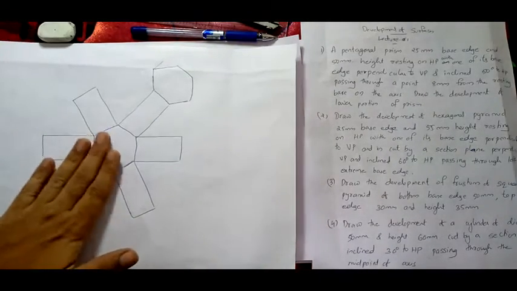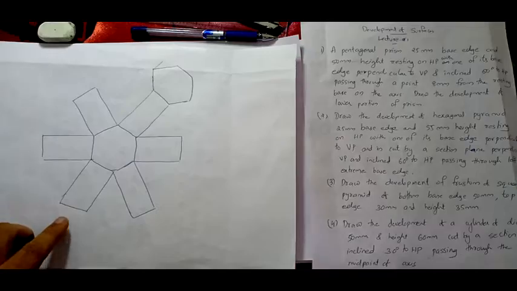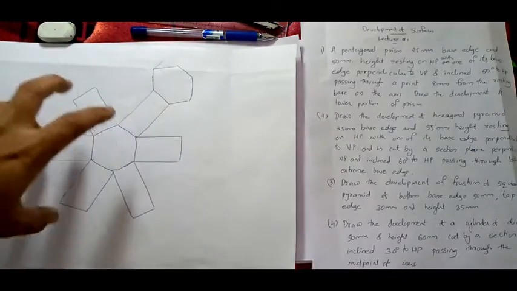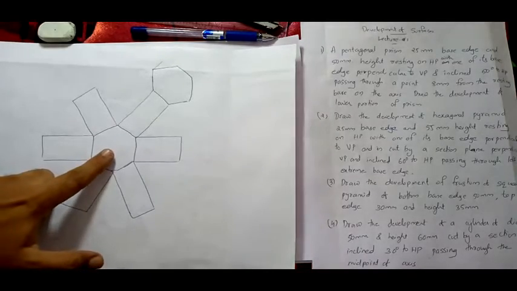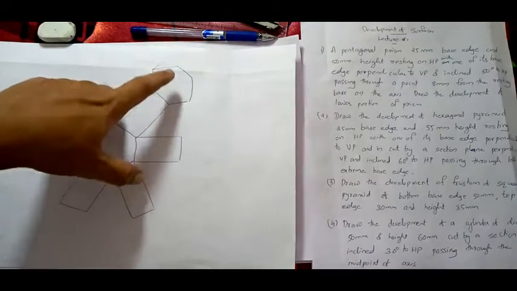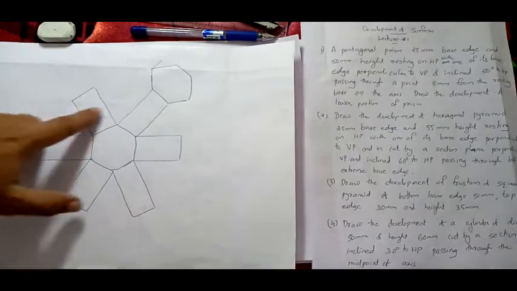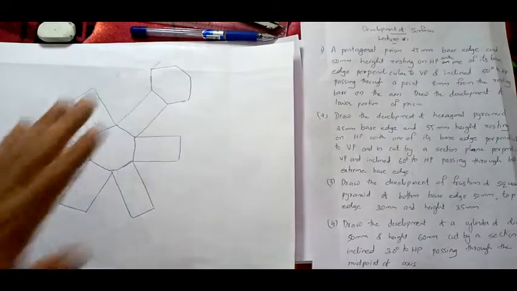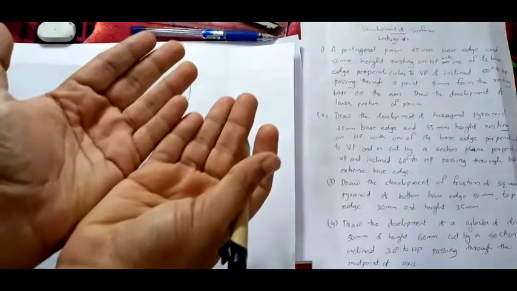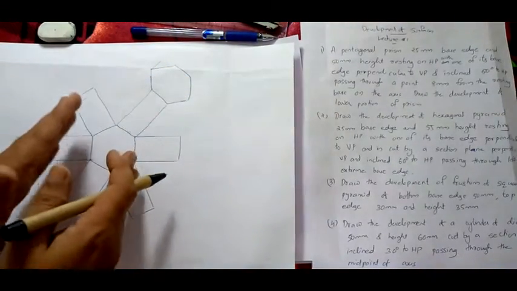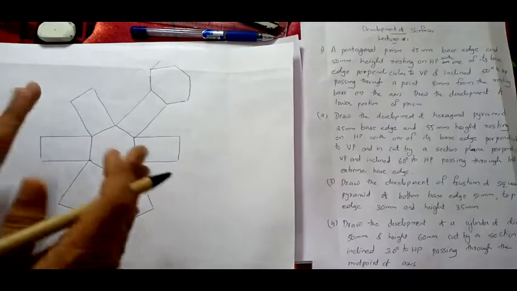So actually this is the development, which means the whole surface is on your paper. A hexagonal prism consists of a top base, a bottom base, and 6 rectangular faces. So we are opening the prism in such a way that you are able to see the whole surface. That is called development.